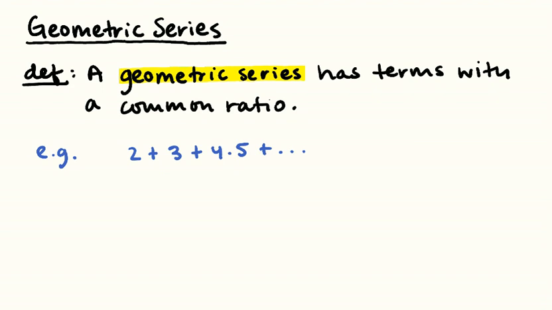Well, this is the sum from n equals 0 up to infinity, because I've got that dot, dot, dot, indicating this is not going to stop, of, well, I start with 2, and each time I multiply by 1.5. You could write this as the sum from 1 to infinity of 2 times 1.5 to the n minus 1 power, but I would encourage you to write it however you see it.